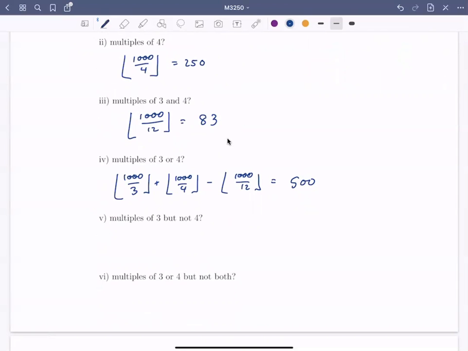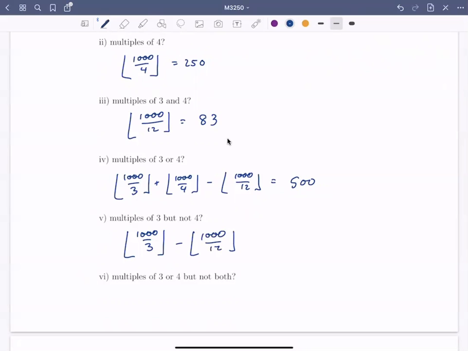Now, which of those numbers, 3, 6, 9, 12, 15, 18, and so on, are multiples of 4? Those are going to be the ones that we have to throw out. And it turns out that the ones that are multiples of 3 and multiples of 4 are the multiples of 12. So that's the right one that we have to subtract out.